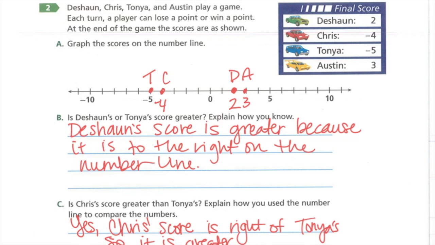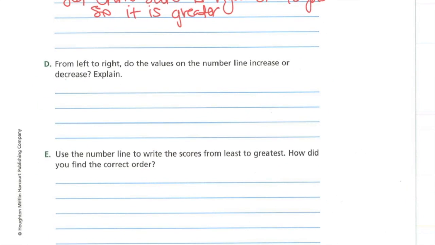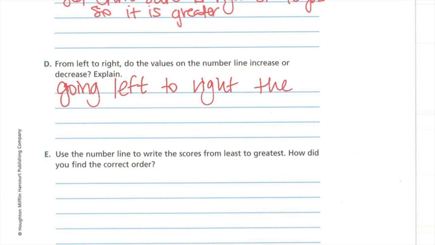From left to right, do the values on the number line increase or decrease? If I'm going left to right, the numbers are increasing. Use the number line to write the scores from least to greatest.